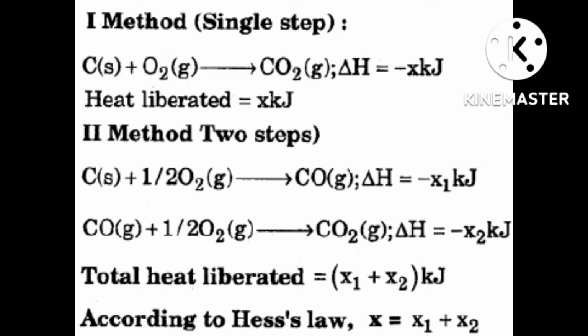Now C4H10 is the formula for butane. Combustion means what? It will burn, and for burning oxygen is required. Here also butane will burn, and for the burning oxygen is required.